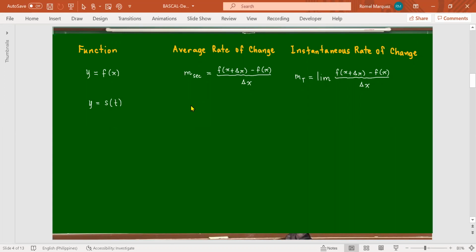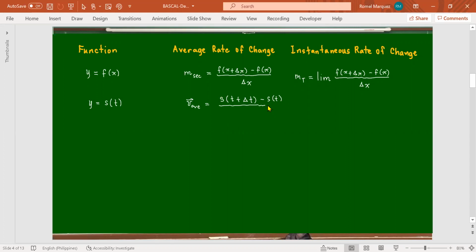So how do I get the average of that? So we call this actually average velocity, no? So we have average velocity. Average velocity is equal to what, guys? It is S of t plus delta t minus S of t all over change in t.